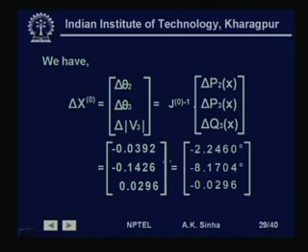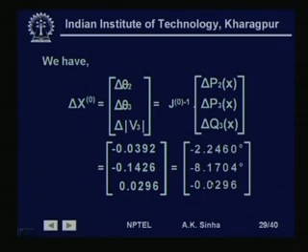So, we can convert them into degrees, which we will get like this. Delta theta 2 comes out to be minus 2.246 degrees, delta theta 3 comes out to be minus 8.1704 degrees, and delta V3 comes out to be 0.0296 per unit.